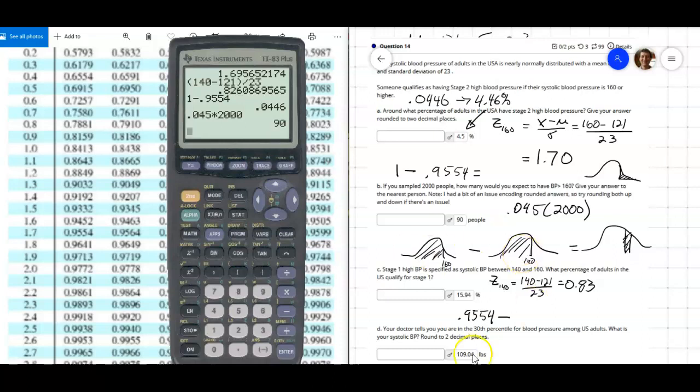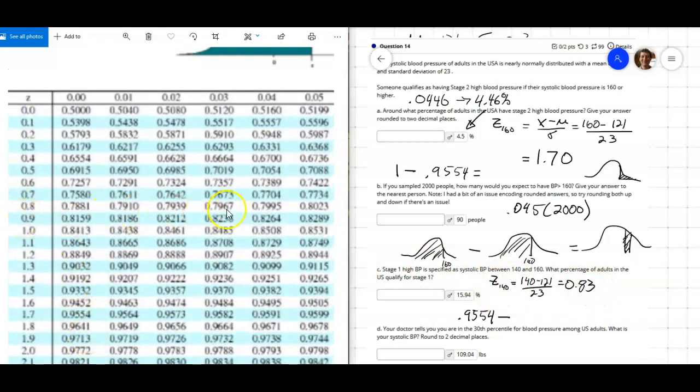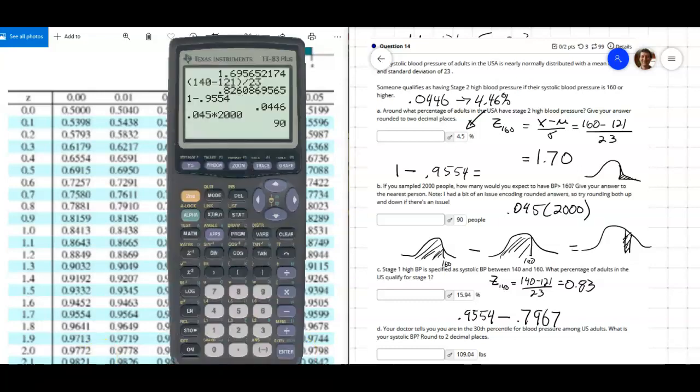We subtract the area that corresponds with the z-score of 140, 0.83, which is 0.7967. And we get 15.87%.